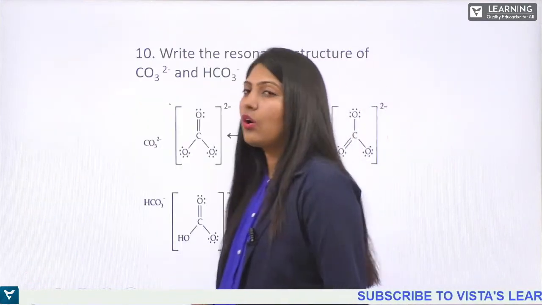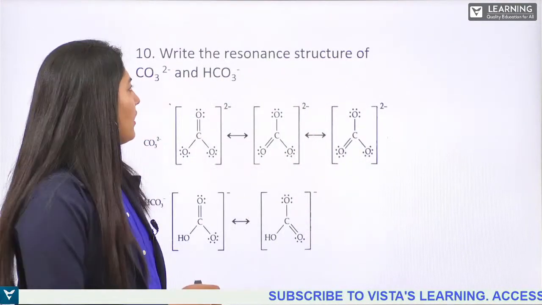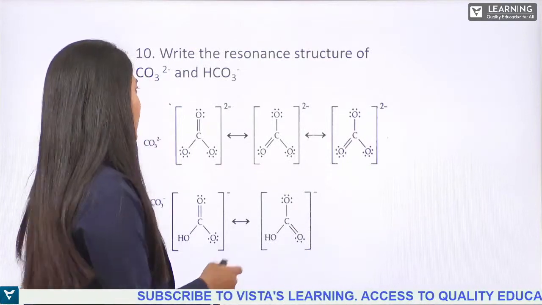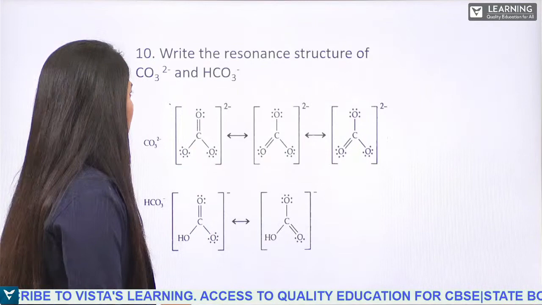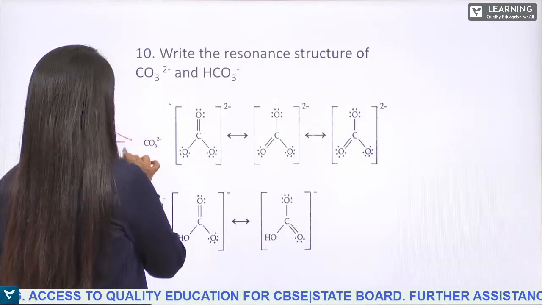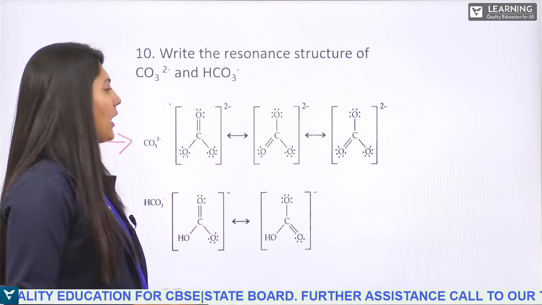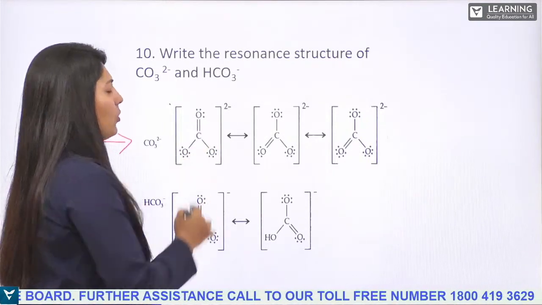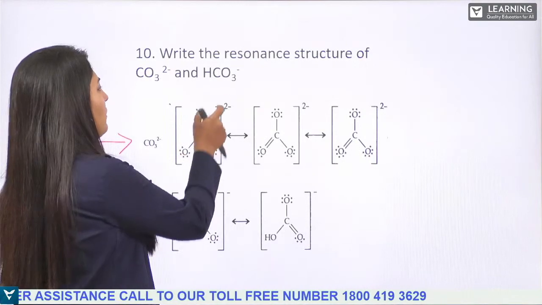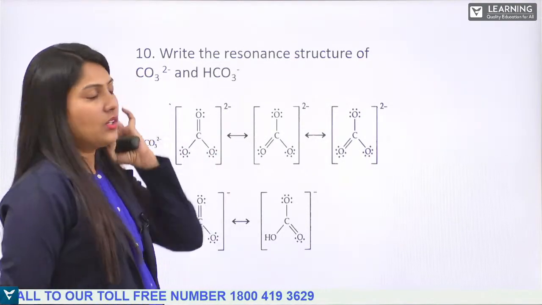Write the resonance structure of carbonate and bicarbonate or hydrogen carbonate ions. So here is the first one, carbonate. What happens? C double bond O and single bond O will be there like this. So they will be having a -2 charge, right?